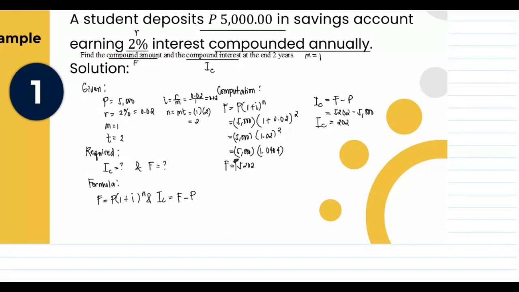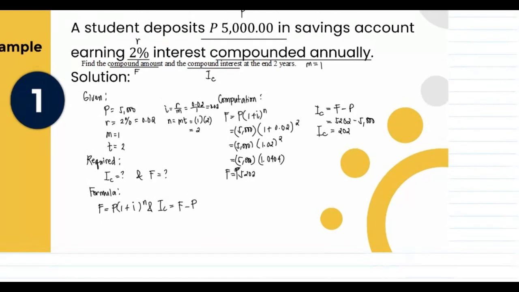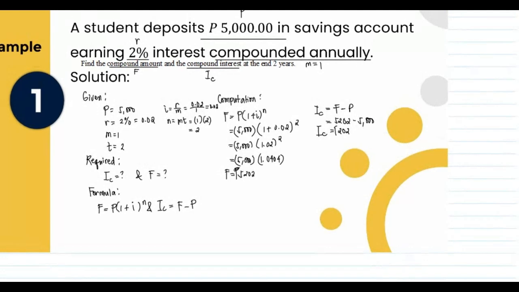So the compound amount is not the compound interest. Because we are using this formula, this is going to be our compound amount or future value. Our interest is this one. Okay, this is 202 pesos.